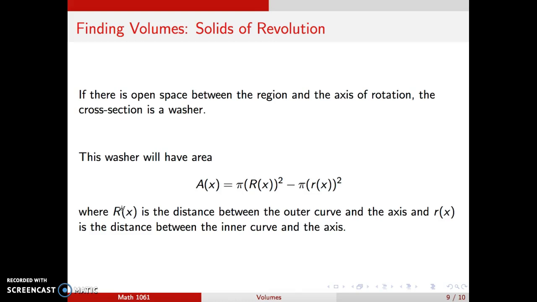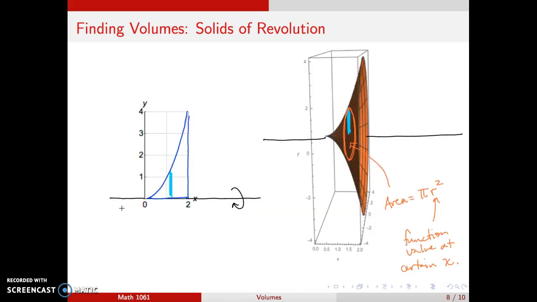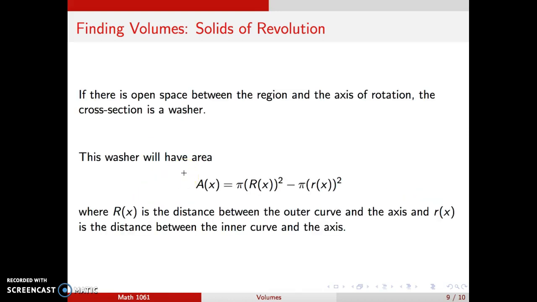Now the other situation we have is, what I'm saying here is we're rotating about this axis, so it's flush, it's all the way up against it. Now if we rotate about an axis and there's space in between, the cross section is going to be a washer. It's basically a disk with an inner disk missing from it. So the shape looks something like this, where I'm limited with how well I can draw it, but that should be the same length all the way around.